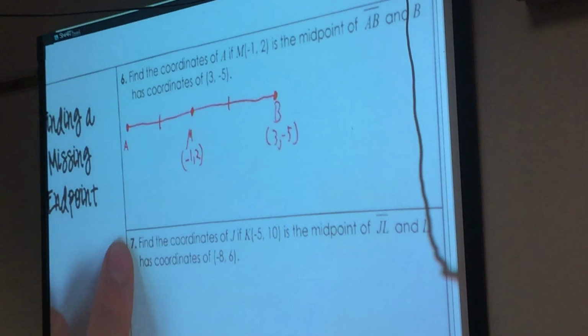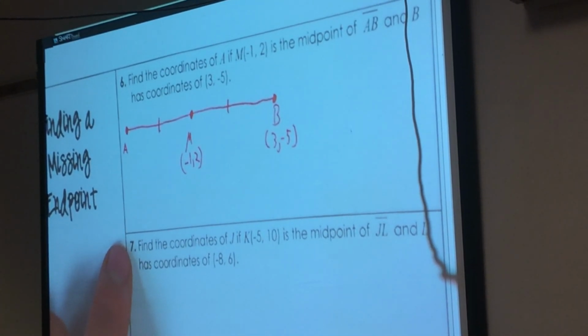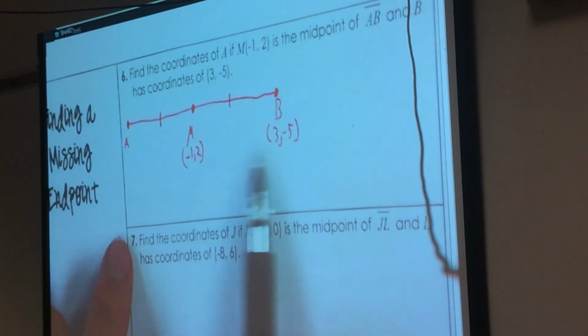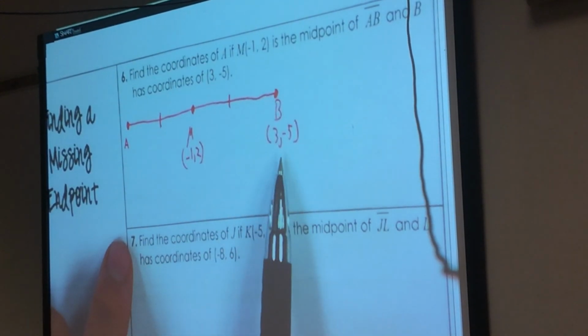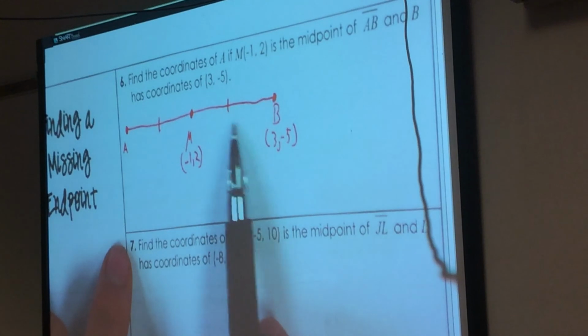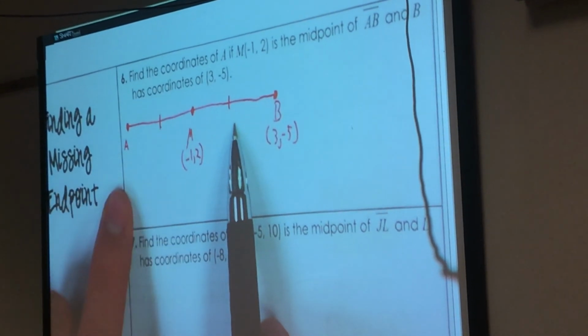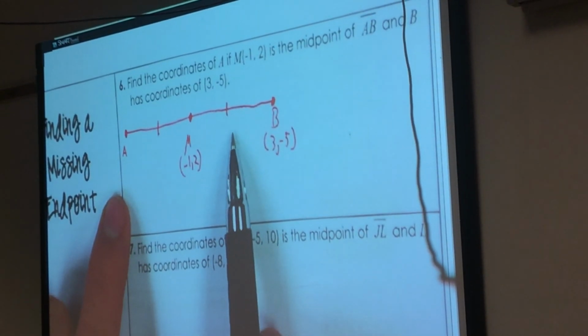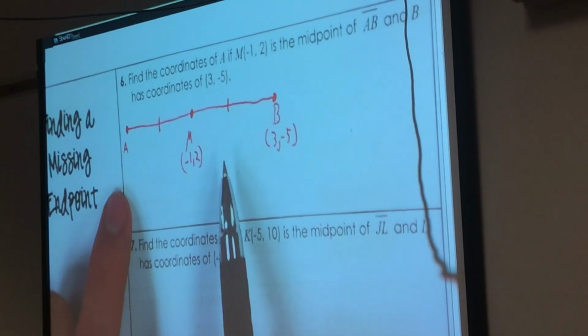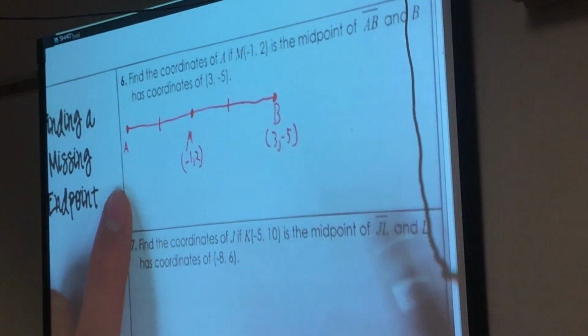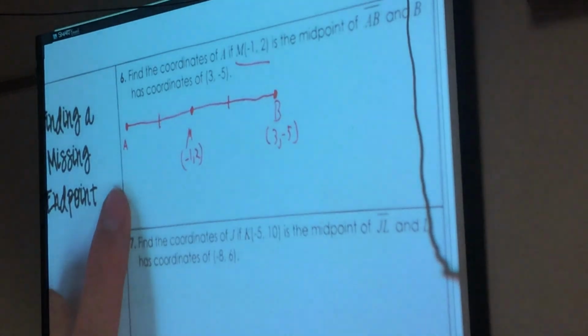It wants me to find A. The reason I can't use the midpoint formula to find A, if I was to use the midpoint formula between M and B, it would give me the middle of M and B, right? A is all the way over here on this side. So I can't use the midpoint formula. The midpoint formula only finds the midpoint. I already have the midpoint, so I can't use it.